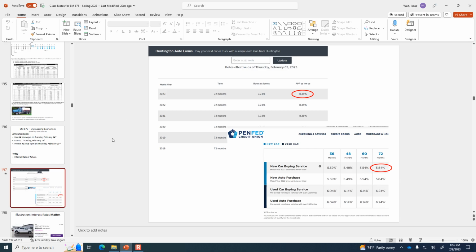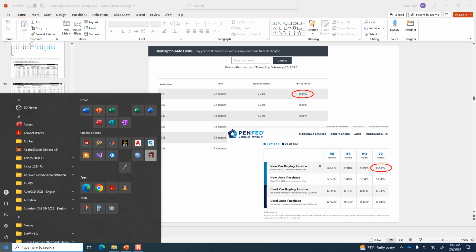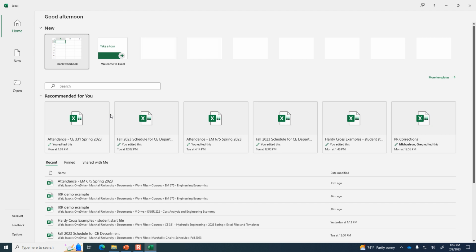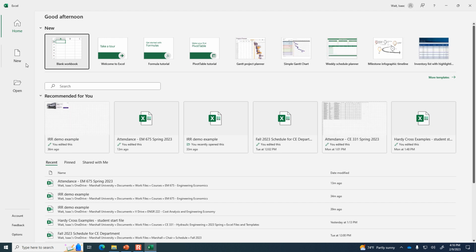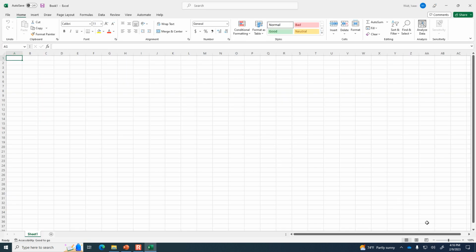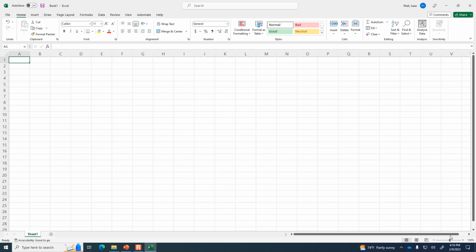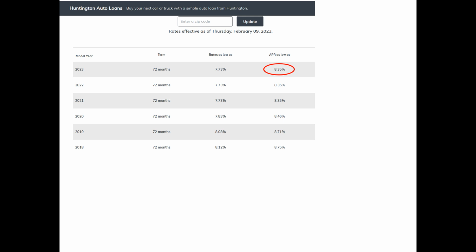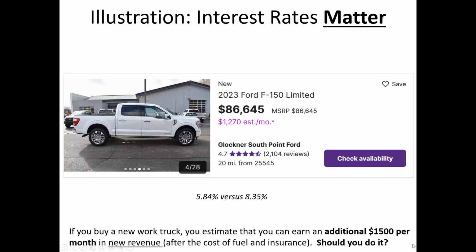So let me just start up a spreadsheet here, and if you want to follow along, that's certainly great. And so let's put at the top of this, oh, by the way, I didn't yet introduce what we're comparing these interest rates to. Let's say that you wanted to buy a new F-150.